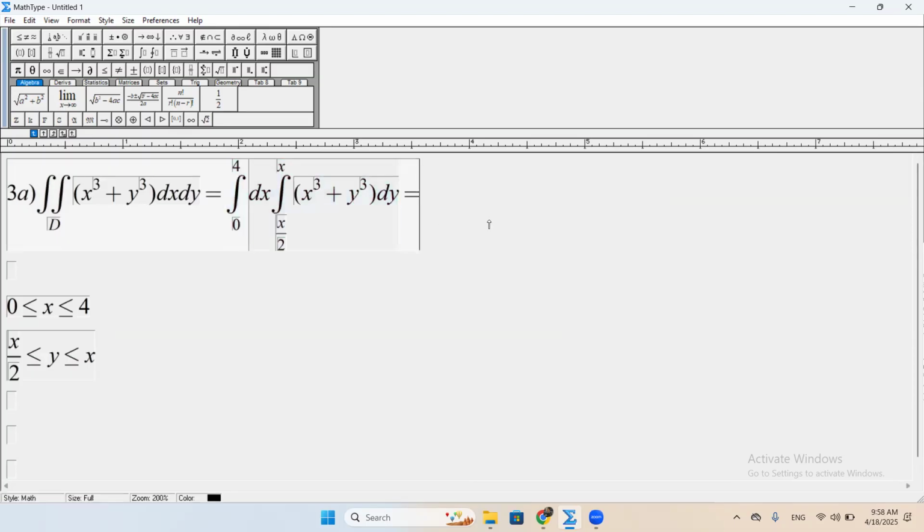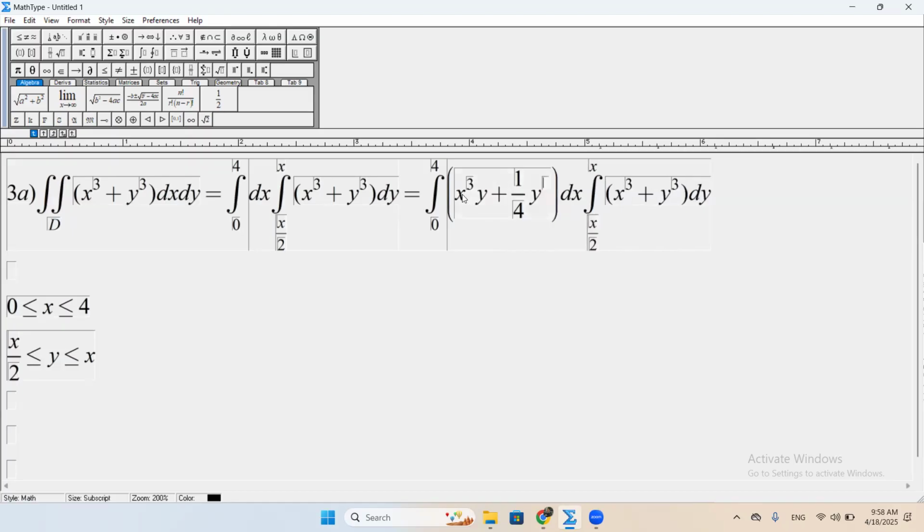Analogically to differential calculus of a function of multiple variables, for now we take x as a constant. So x cube y plus 1 over 4 y to the power of 4, with the following substitutions from x over 2 to x.